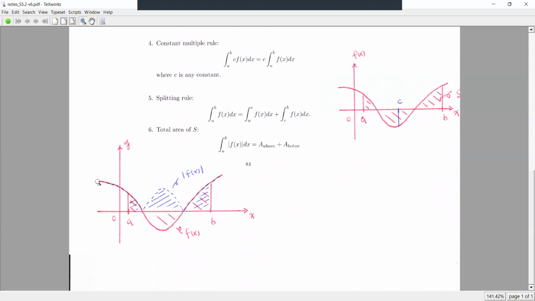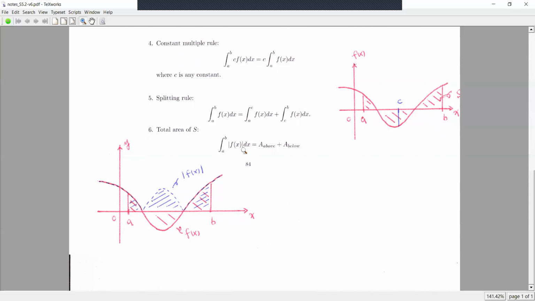Here, the red curve is the graph of the function f. The blue dashed curve is the graph of the absolute value of the function f. When we take the absolute value of f, the negative part of the graph becomes positive. Now, take the integral of the absolute value of f.